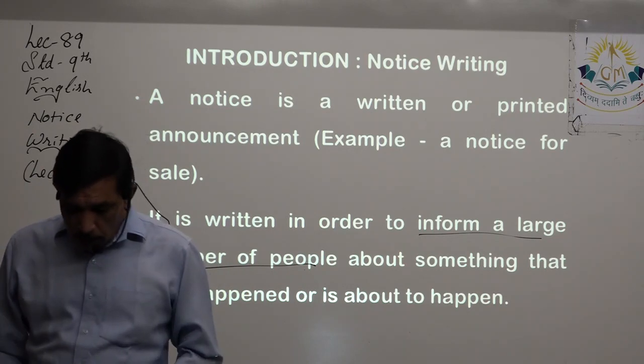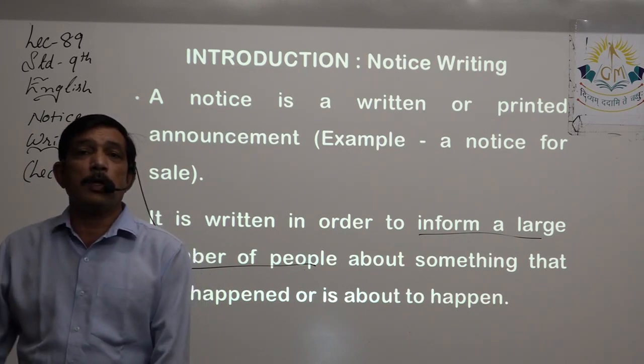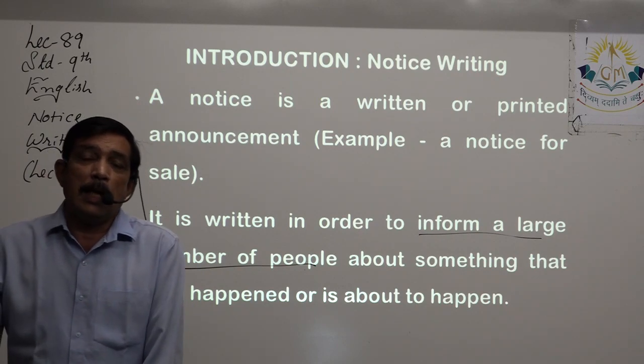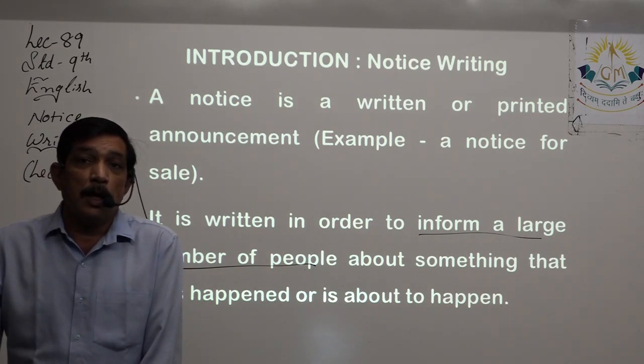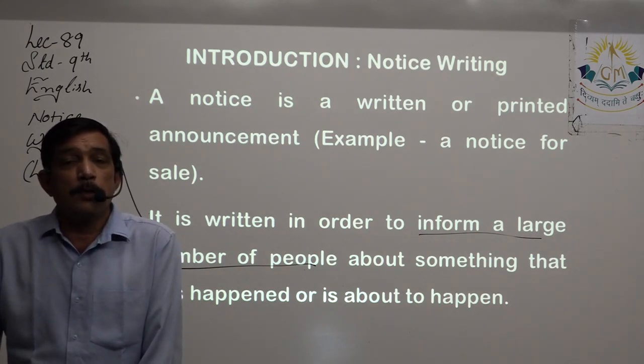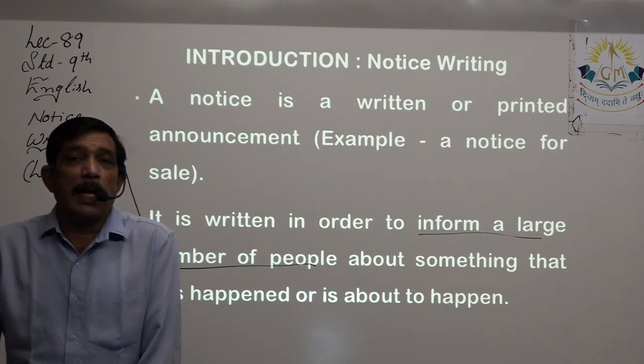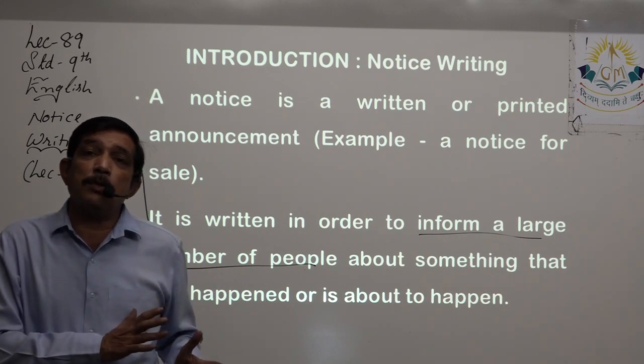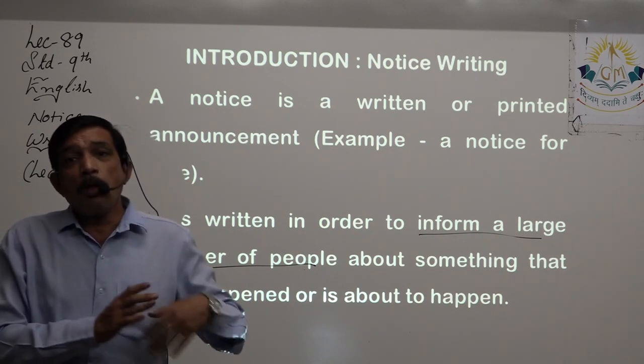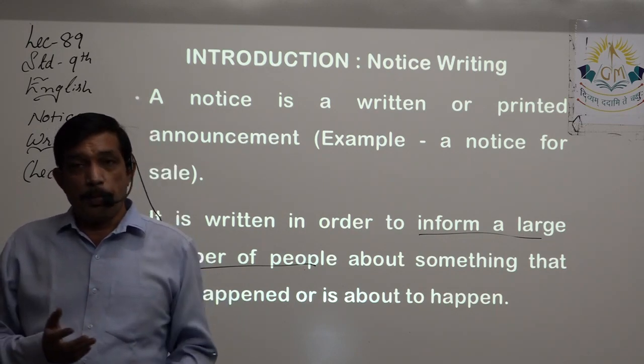So on successful completion of a celebration of something, a notice can be drafted conveying gratefulness and thanks to all the participants, etc. So it is about an event which is already over, or something that is going to happen.